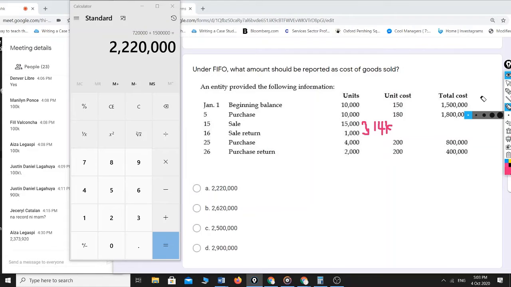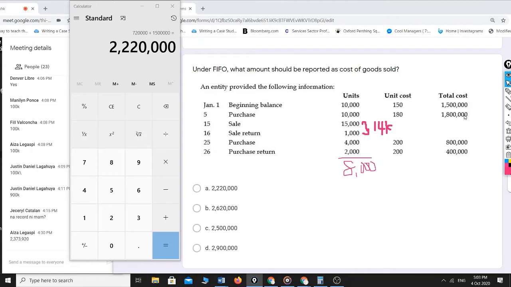Next is na siya second purchase, which is amounting to 4,000. And also, out sa gi-purchase, na po siya giuli nga 2,000. So therefore, ang nabili na ang atong ending inventory is 8,000. So, mo na lang ni inventory on hand sa company.